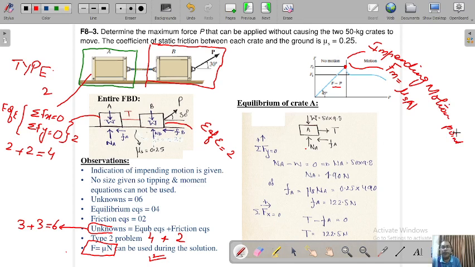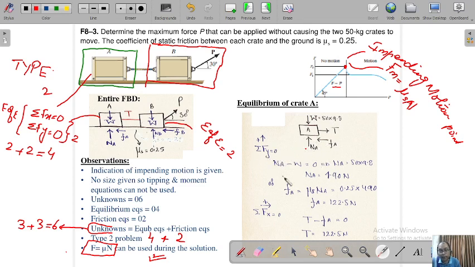Once this has been done, how shall we proceed? It's very simple from now on. Take the block A, the plate A, and apply sigma Fy, meaning all the forces about the y-axis.